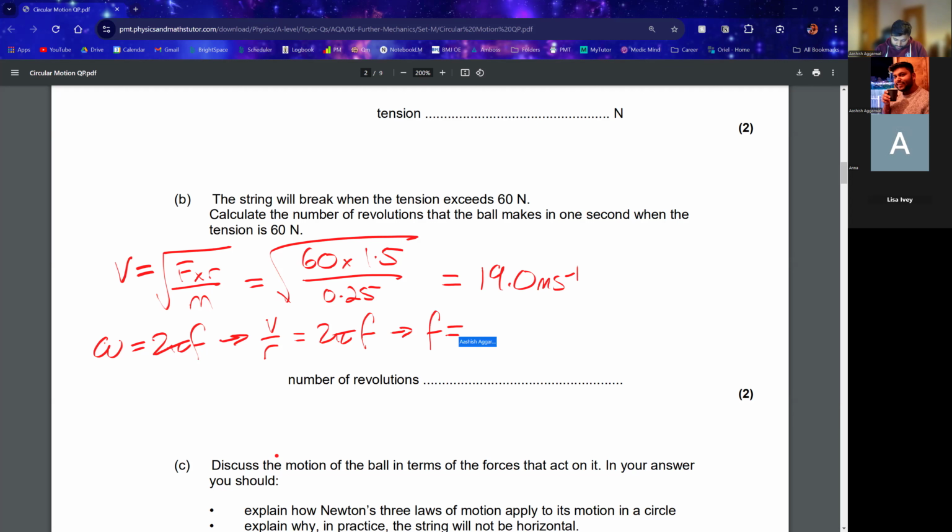F equals V over 2 pi R. Did I do that right? No, you're dividing that. Which then you just sub in the numbers, 19 over 2 pi times 1.5, so 3 pi.